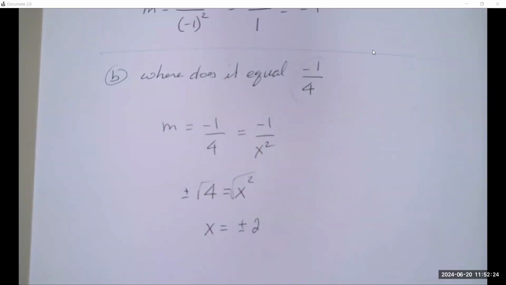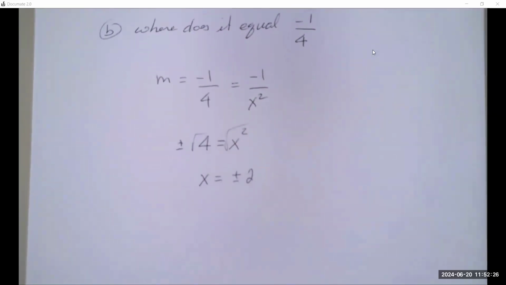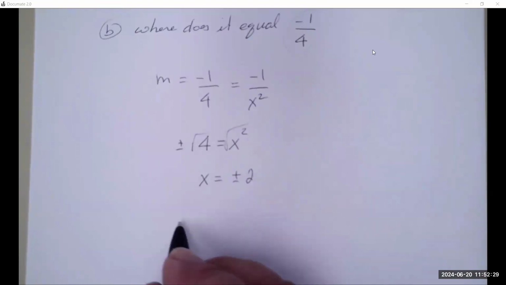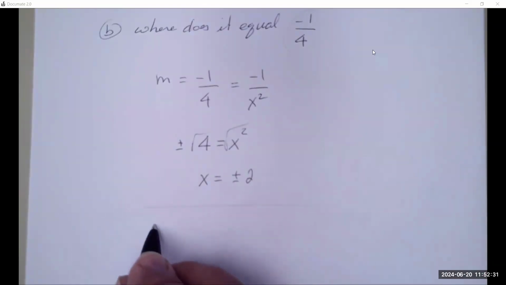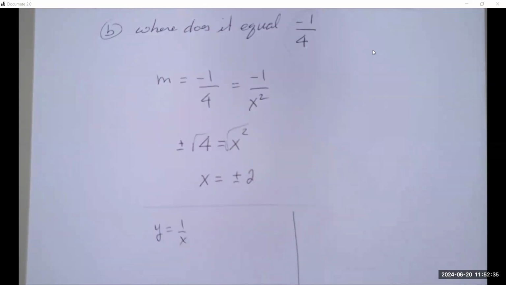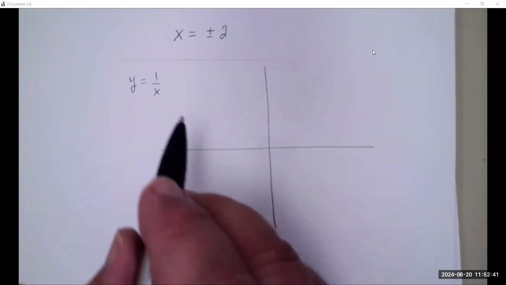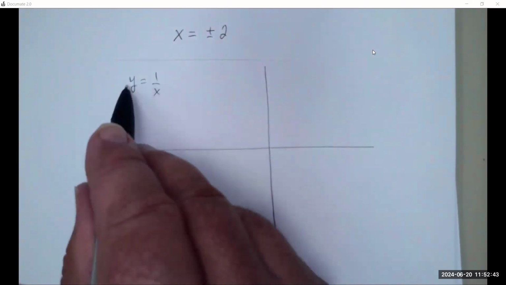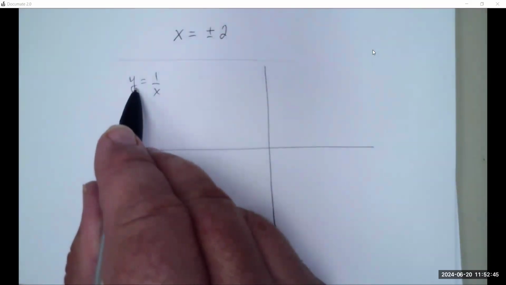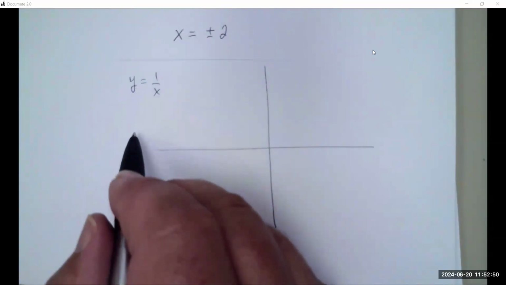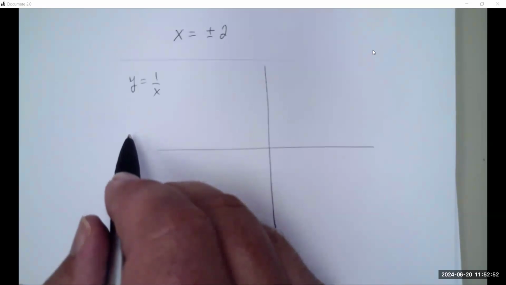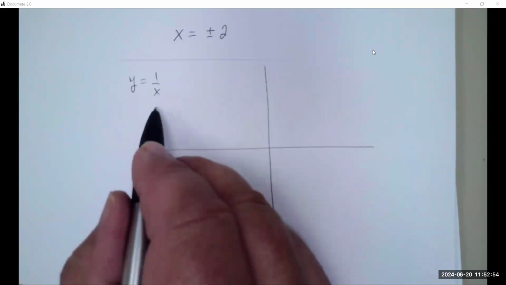Let's see what this really means. The graph of 1/x looks like what? When x goes to infinity, where does y go? Think about it.